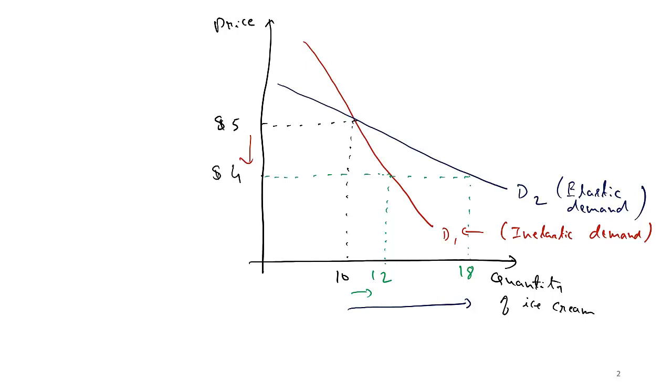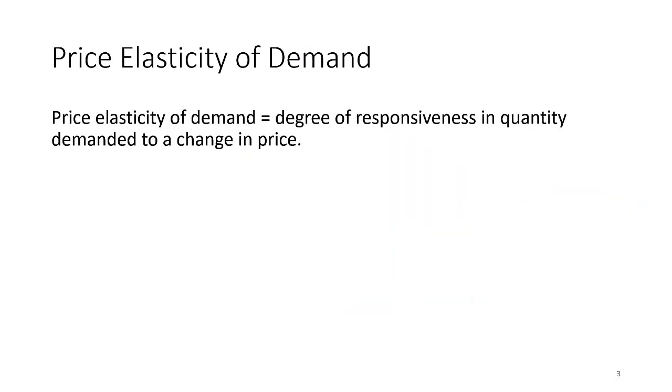So under elastic demand, if the price changes a little bit, it leads to a bigger change in quantity demanded compared to inelastic demand. A price change from $5 to $4 leads to only 2 units change in quantity demanded in the case of inelastic demand. Now the question is, how do we measure all these things? What's the measurement for elasticity? That's what we'll see in the next slide.